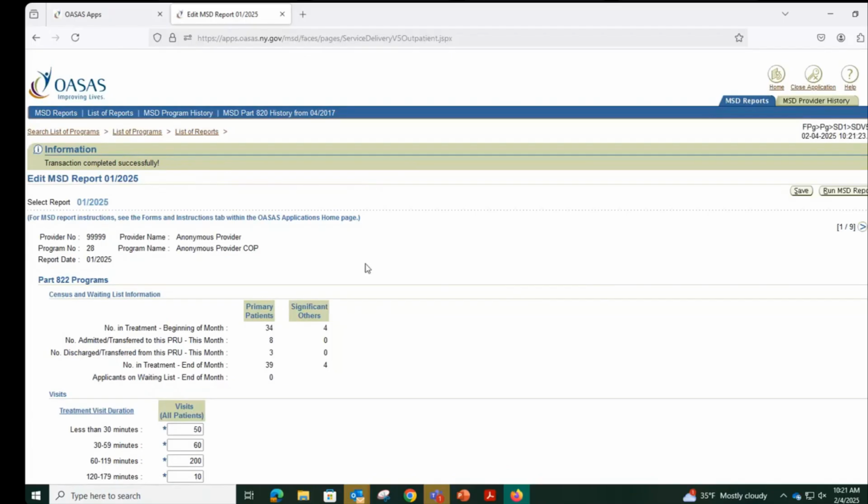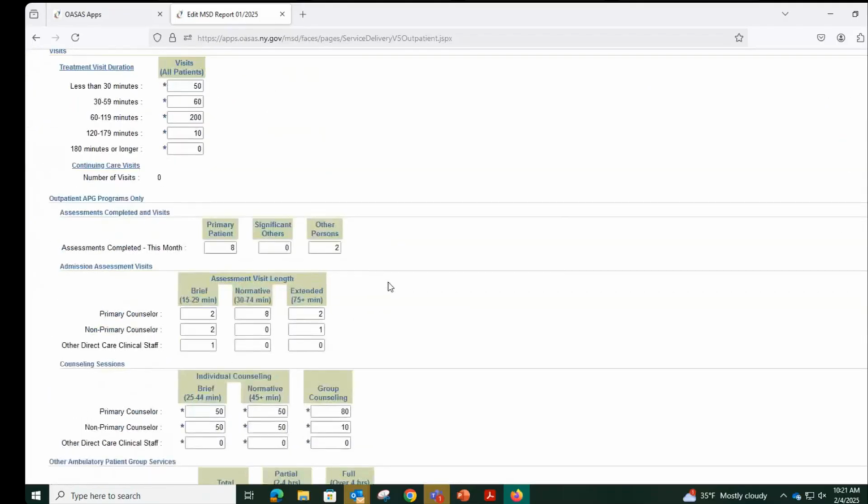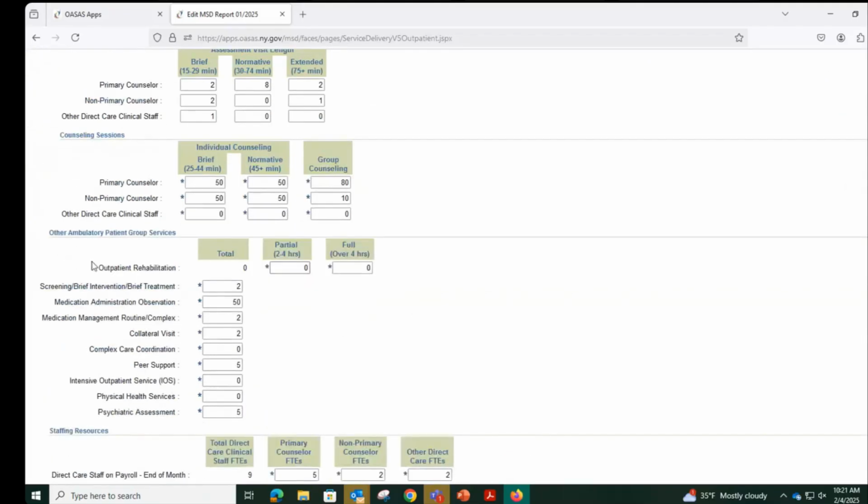The question in the chat box, does your bottom section need to equal the top section? So bottom section, am I to understand you're talking about this other APG services section? If so, no. This could be very different, and it should be very different, especially because here you have the number of groups.